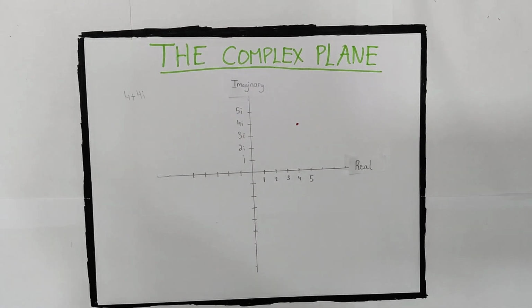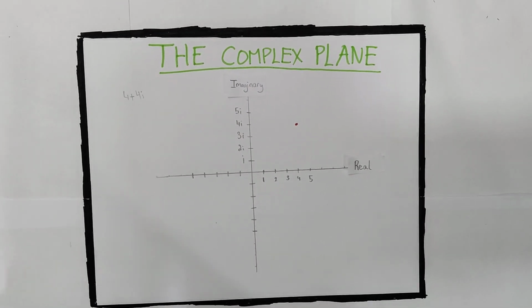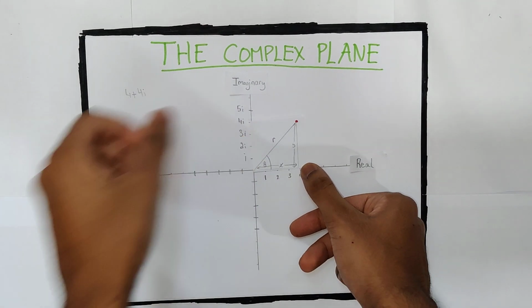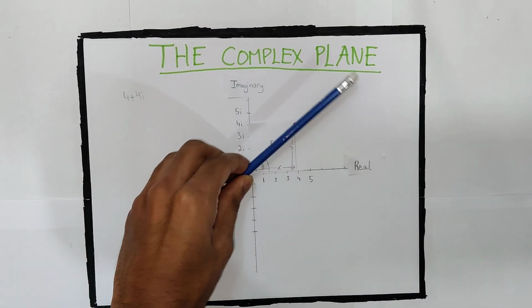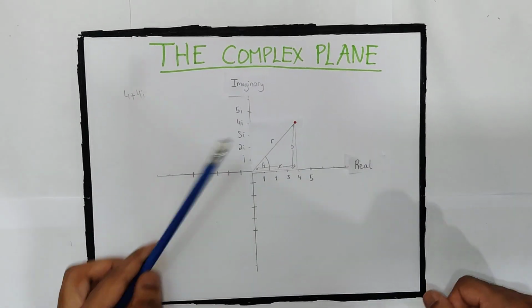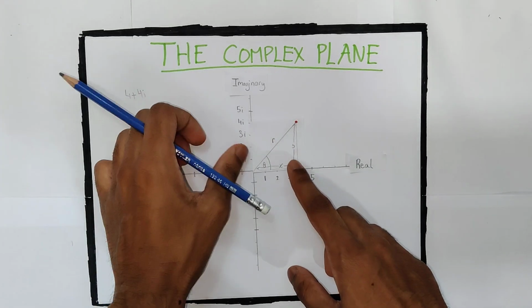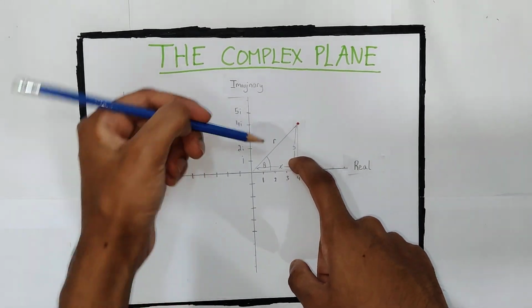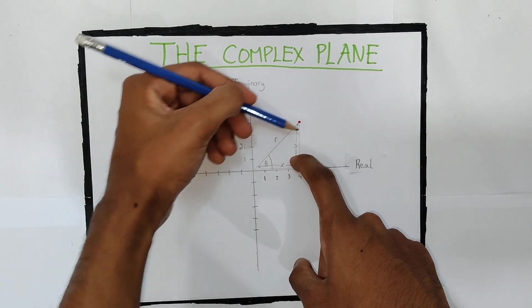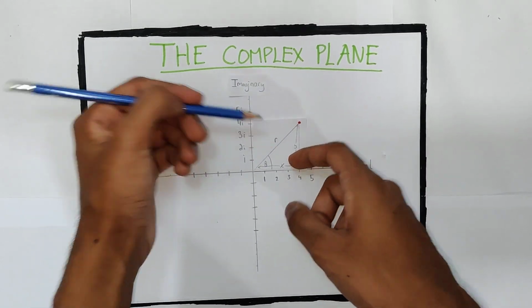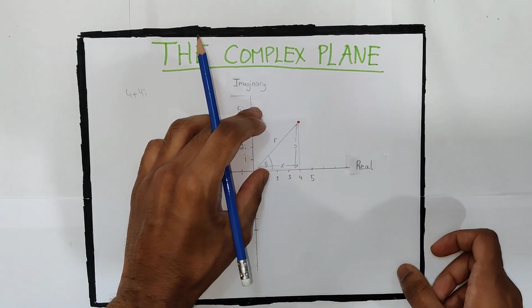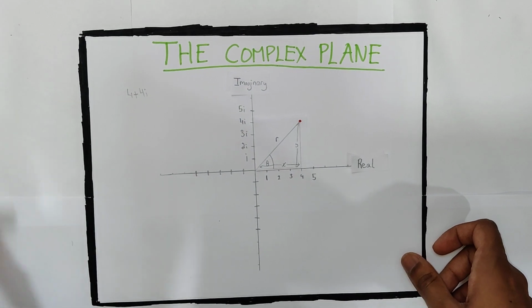So let's look at the complex number through that framework. We're going to look at it in terms of its angle, starting from this axis, going up, and the distance, which we call magnitude, from the origin. This distance here will be r. The angle in complex numbers is called the argument.